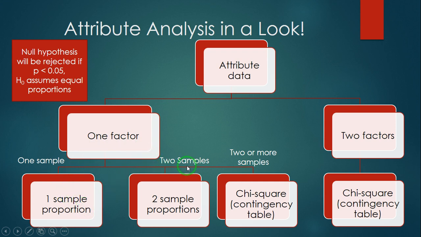And for two samples, we use the two sample proportion test. And if we have one sample with two or more samples, or if we have two factors, then we can use the chi-square test or the contingency table.